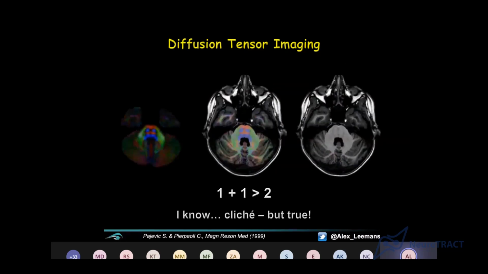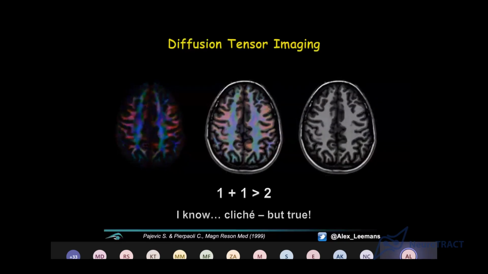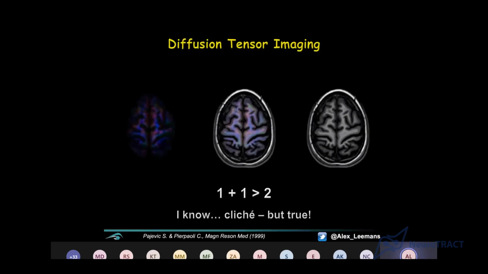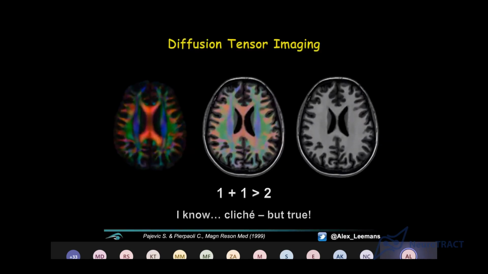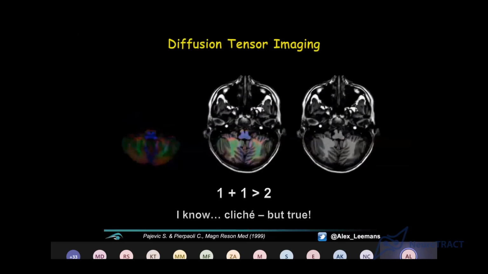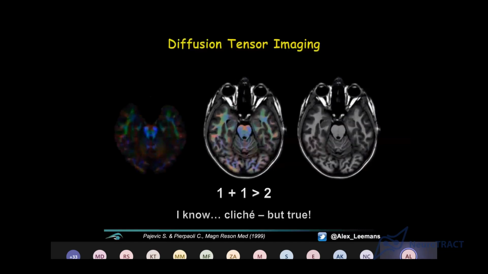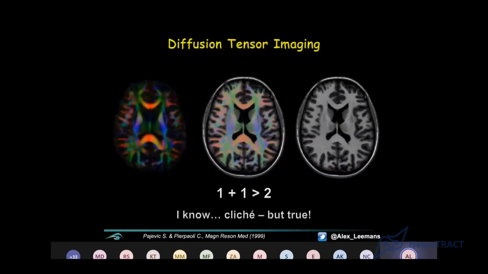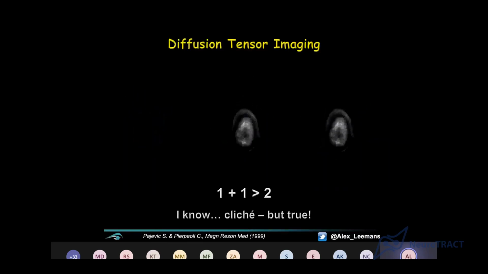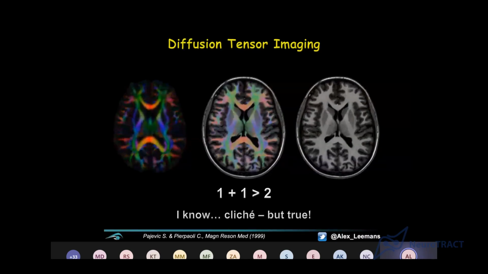But with diffusion tensor imaging, we can combine the best of both worlds. We can register the images from diffusion space to T1 space. We maintain the high resolution and nice contrast between white matter and gray matter with the T1. Then within the white matter, we can use that color information that gives us an idea about the orientation of the underlying tissue. Okay?